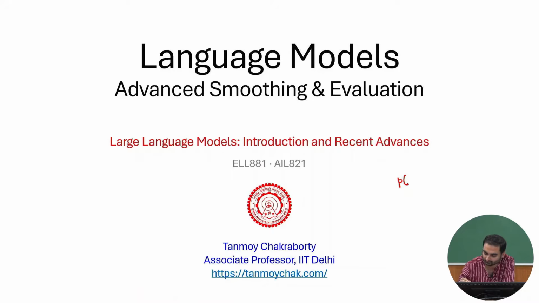Basically, in any bigram language model, we compute two counts: the count of the bigram, which is w_{i-1} w_i, and the count of the unigram w_{i-1}.